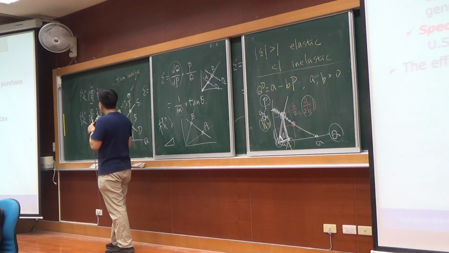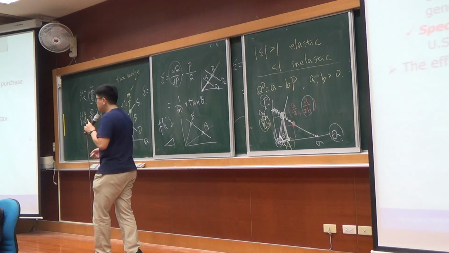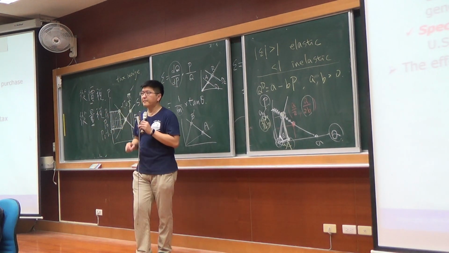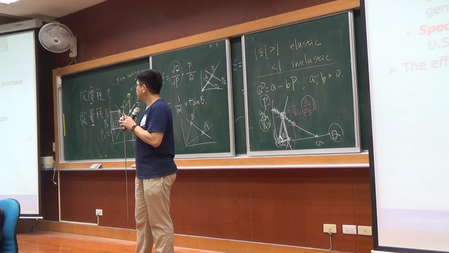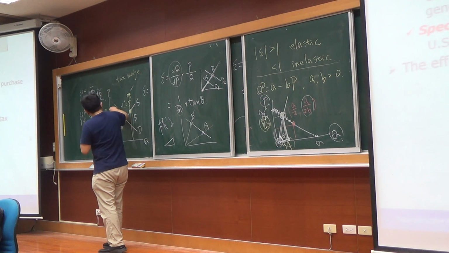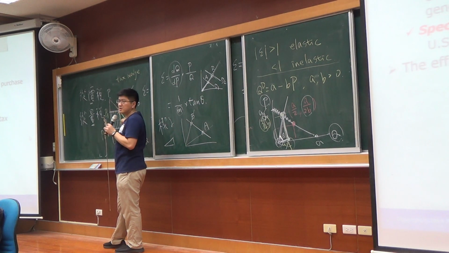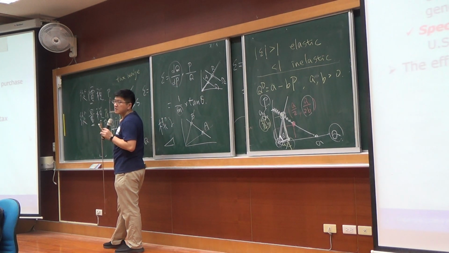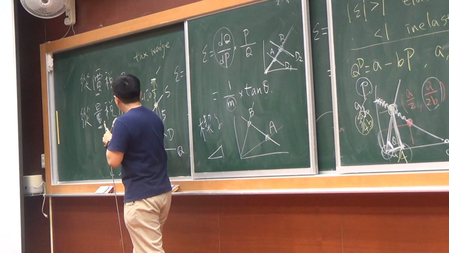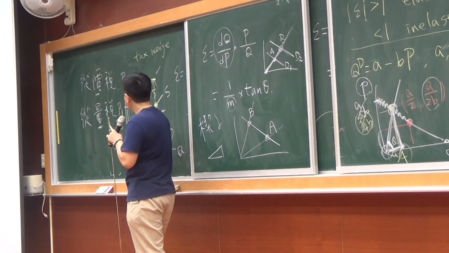And so how much tax revenue can the government receive? This part, right? And you know the original consumer surplus is much bigger. Now, due to the tax, the consumer surplus shrinks, and the producer surplus also shrinks.